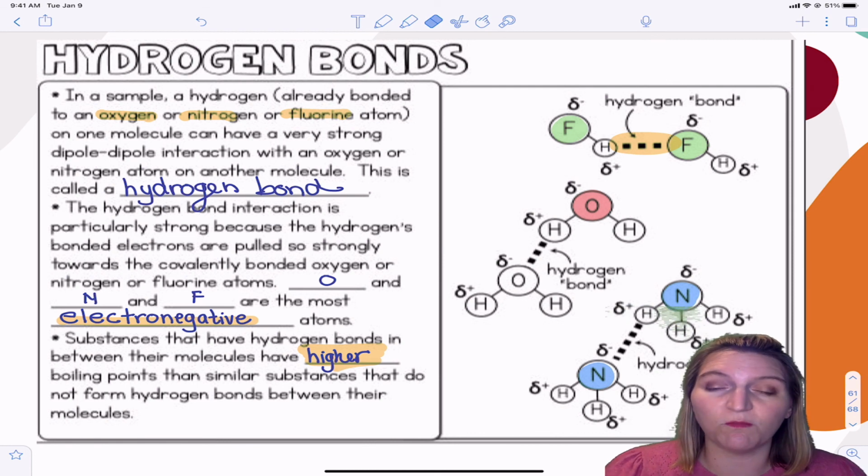It just makes those molecules so much more polar than the H2S and the HCl that we saw on the previous slide. Molecules that have hydrogen bonding have much stronger intermolecular forces and have even higher melting and boiling points, because it's going to take more energy to overcome those intermolecular forces.